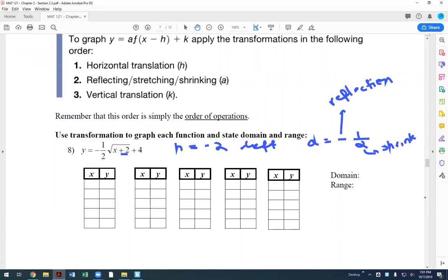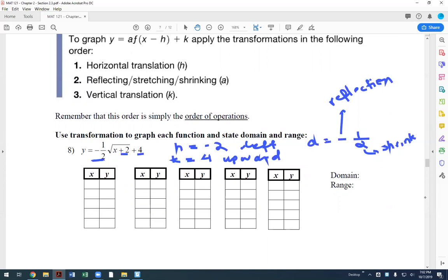So we have reflection, we have shrink, we have horizontal movement to the left. What else? What's the k value here? +4, yeah. So if k is +4, what direction does our graph move in? Yeah, it will go up.